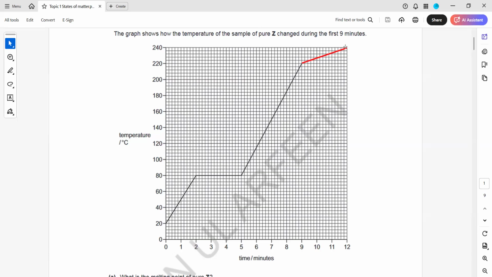It's wrong, because they are absorbing energy, and the energy is used to break the bond. So when energy is used to break the bond, we are not supposed to show a change in temperature. We are supposed to show that the temperature remained unchanged, starting from 9 and going till 11.